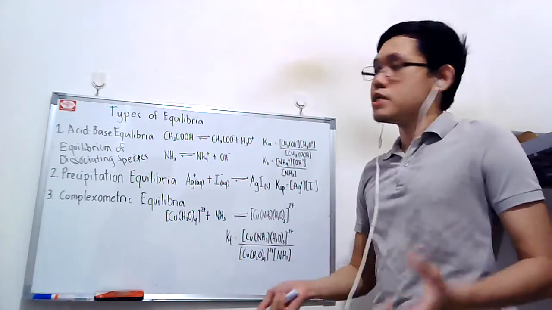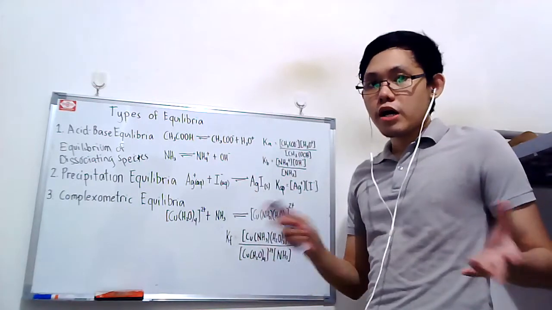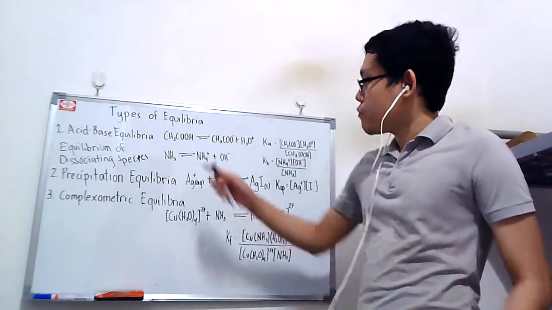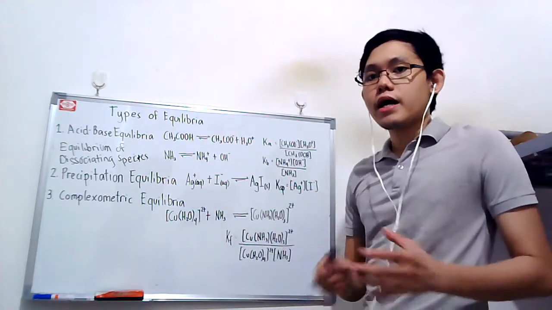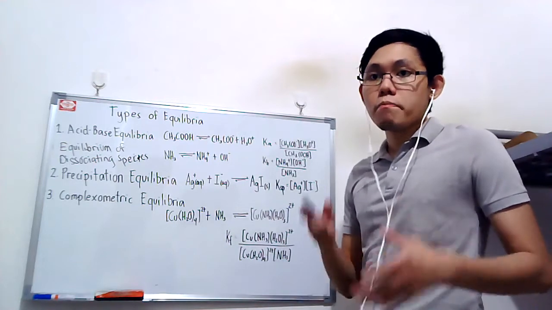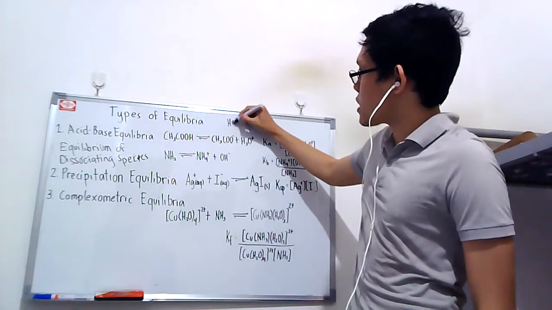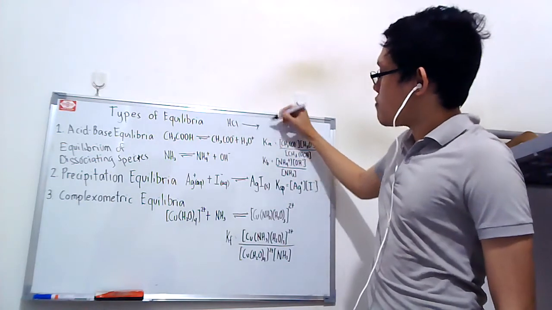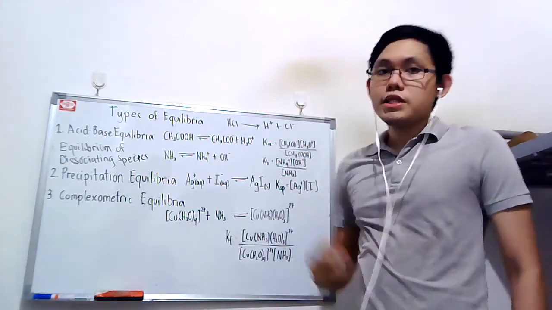So, ano bang ibig sabihin nito? Sa acid-base equilibria kasi usually we are thinking about weak acids and weak bases. Kasi kapag meron kang strong acids at strong bases, meron kang complete dissociation. So for example, your hydrochloric acid, you have complete dissociation into H plus and chloride ions.